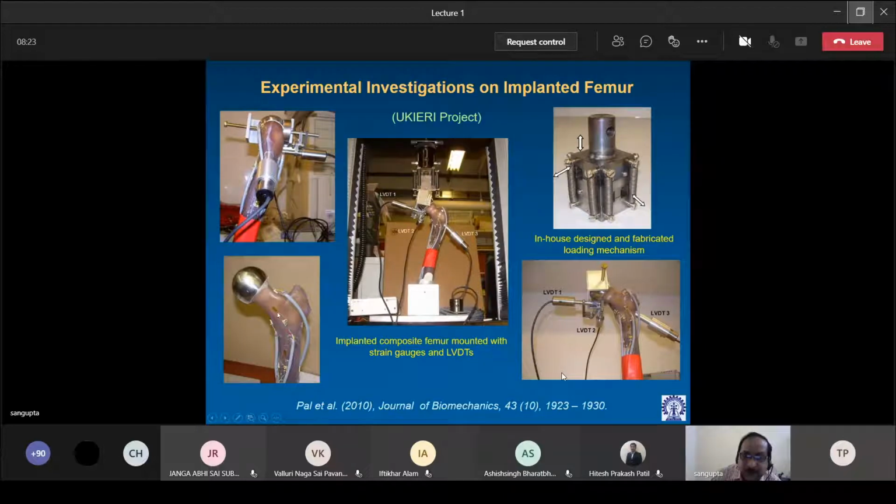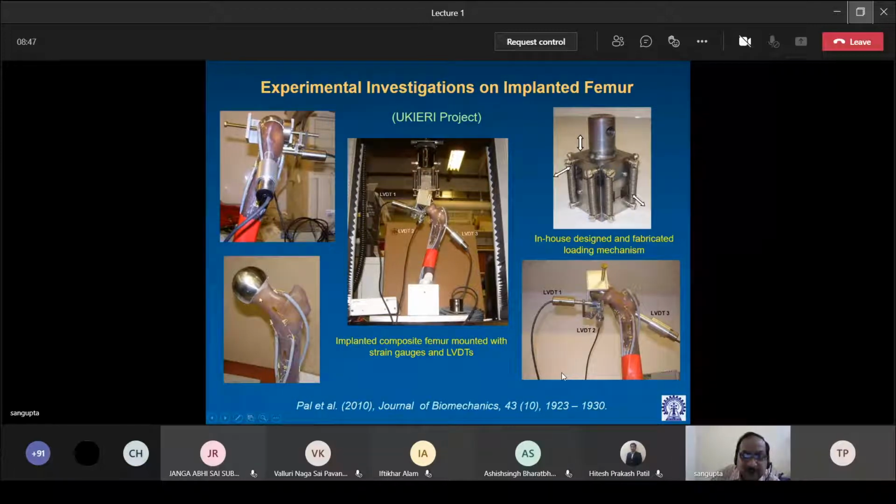This is a sample that can be obtained from Sawbones, Sweden, and we had actually implanted it with a resurfaced implant. You can see here. It's a cemented variety, so you can see the cement sticking out, the white part.